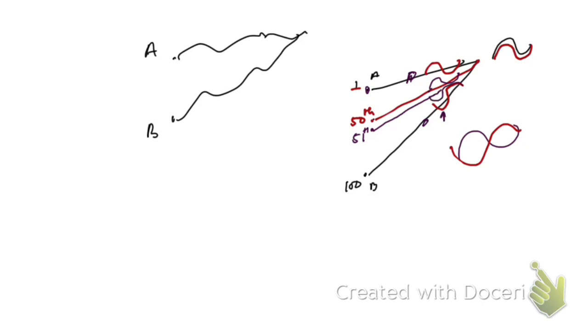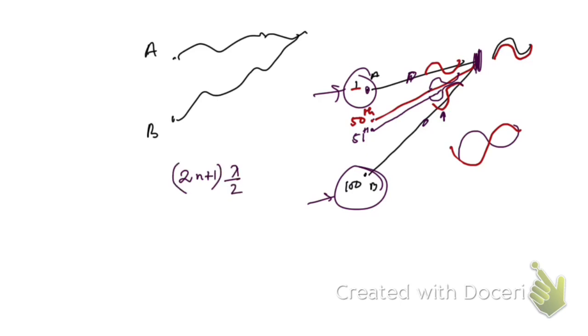So that's why we're gonna get a bright fringe here when these two are out of phase, and these two will be out of phase when we take an odd multiple of lambda by 2, right? Hope you have understood this.